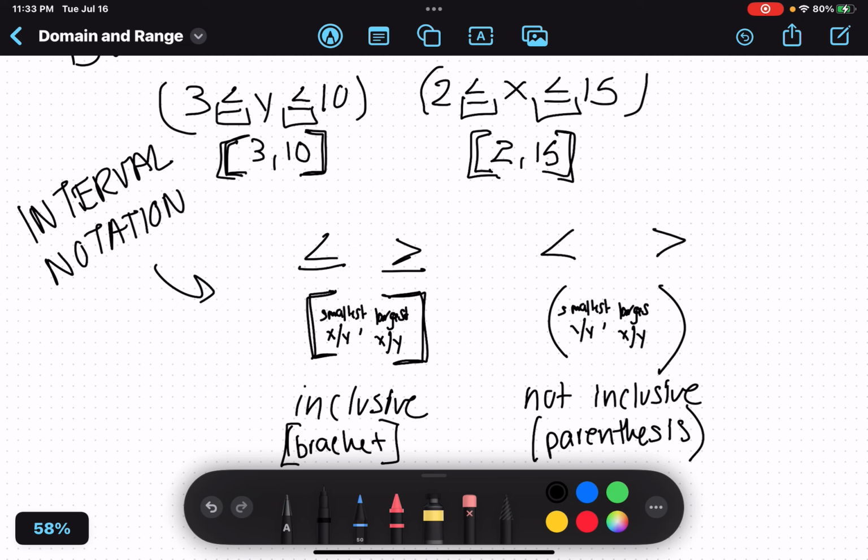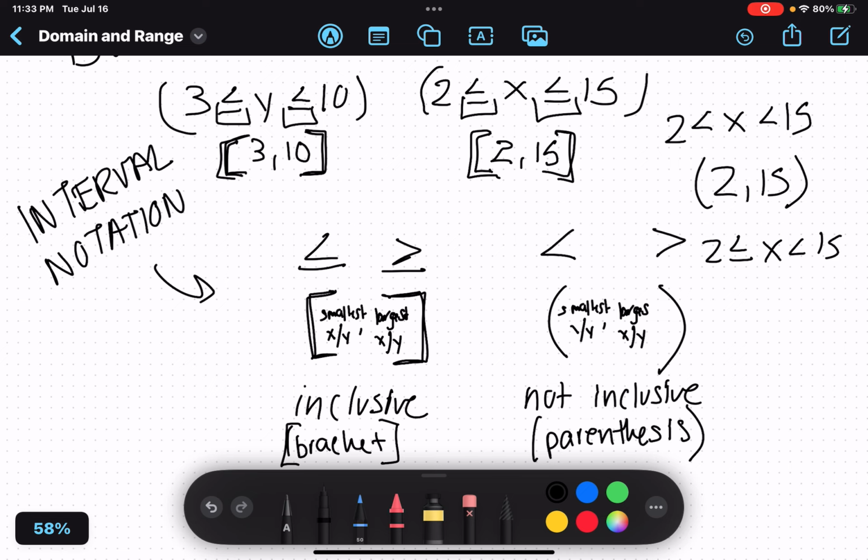Let's say this interval was more like this, then it would be 2, 15 with parentheses. And if it was 2 is less than or equal to x, but x is less than 15, then you would do bracket 2, 15 parentheses. You just look at the sign, and then you know whether to put a bracket or a parentheses in your notation.